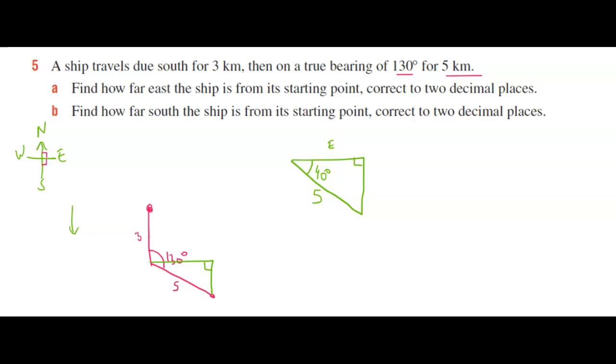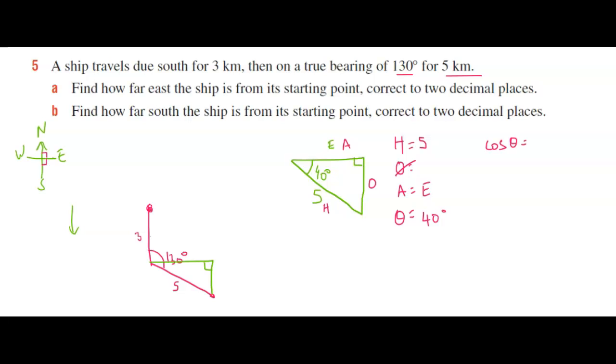Okay, so identify your sides: hypotenuse, opposite, adjacent. I'm just going to identify that over here. The hypotenuse is 5. The opposite, we don't have a length for, so I'm just going to cross that out. Adjacent is labelled as east, and theta is 40. Because I'm dealing with A and H, I'm going to be using the cos ratio.